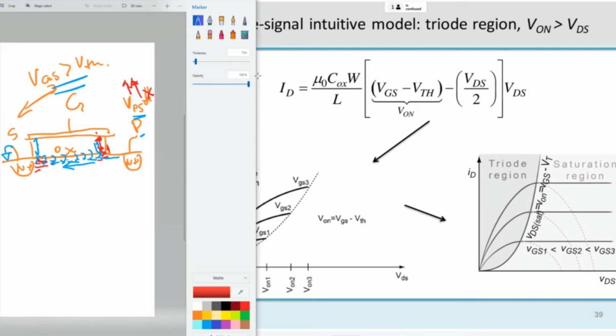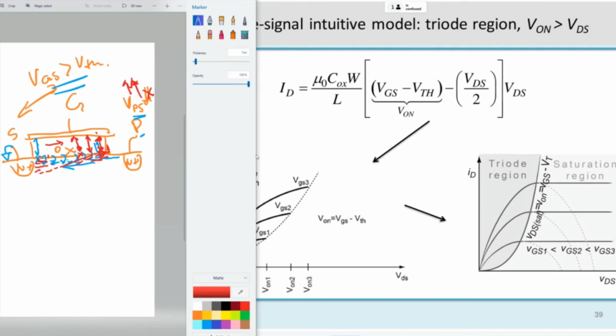So if this potential increases, this means that the gate voltage at this point x along the channel decreases. And if this potential difference decreases, this means that the density of charges in the channel decreases. So if I draw the density of charges like this, here I'll have small density of charge, and here I have a large density of charge.